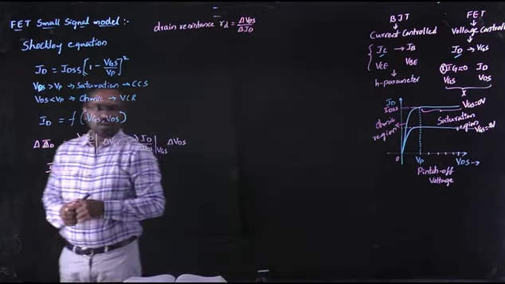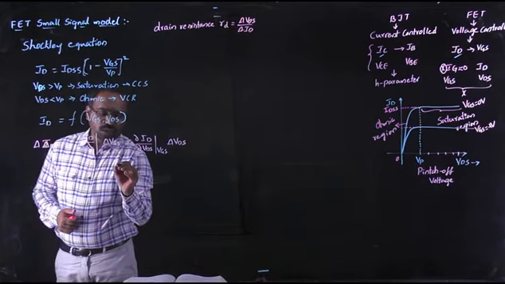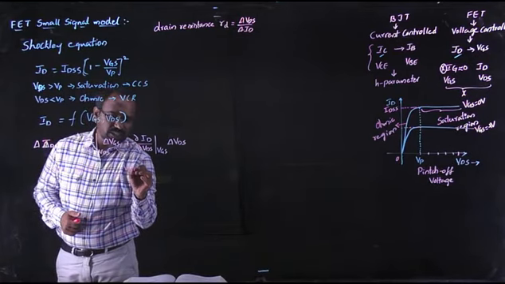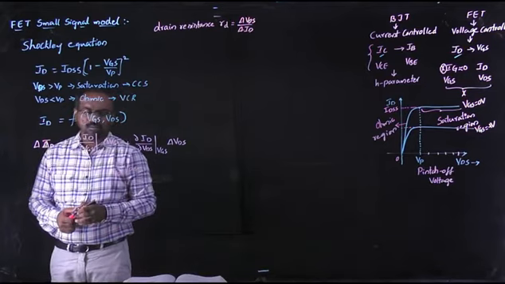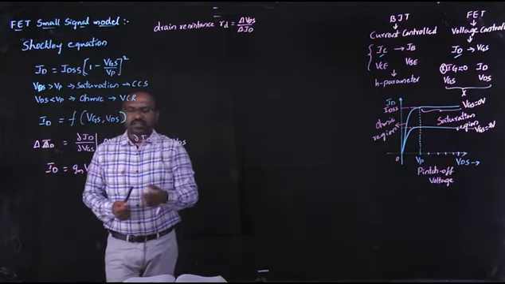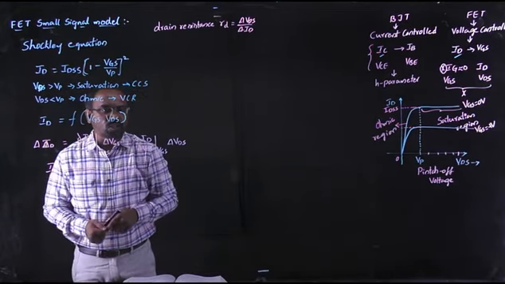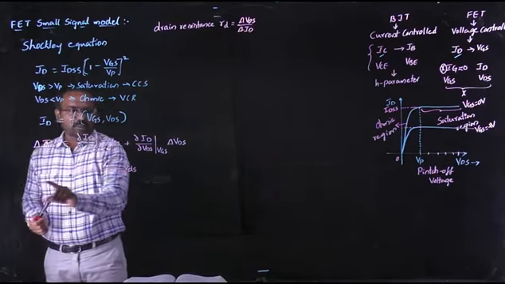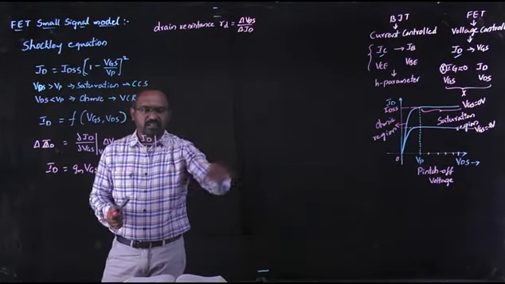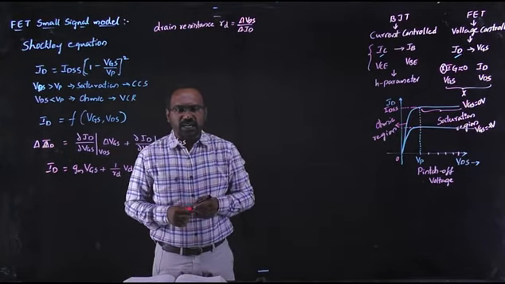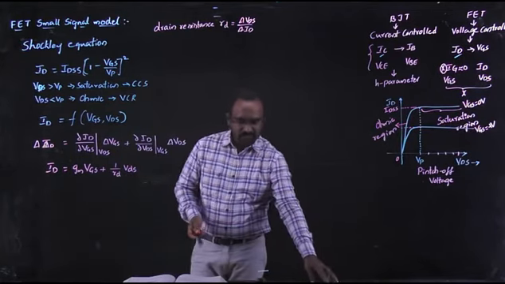So here I am writing 1 by rd into VDS. VDS is nothing but the output voltage. So this equation I am representing in the form of a circuit diagram. It will be like this.